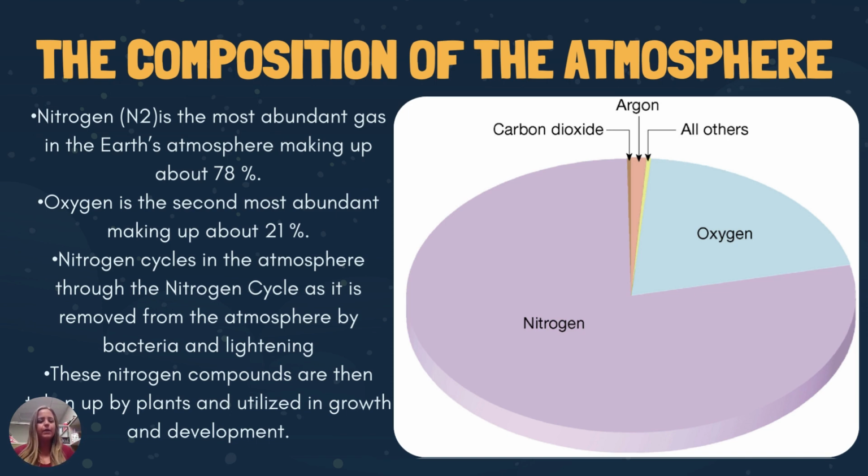And it's really important to have nitrogen because it helps with plant growth and development. So if we didn't have nitrogen cycling through our atmosphere by being absorbed by plants and other vegetation and then recycled back up into the atmosphere, we wouldn't have the plants producing the oxygen that then we can breathe.